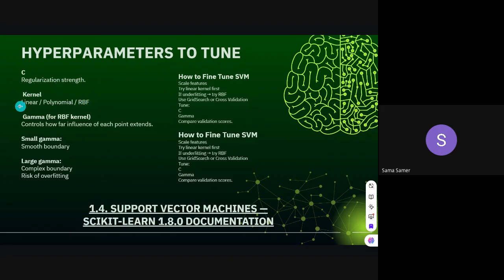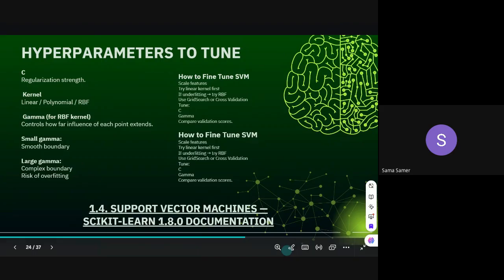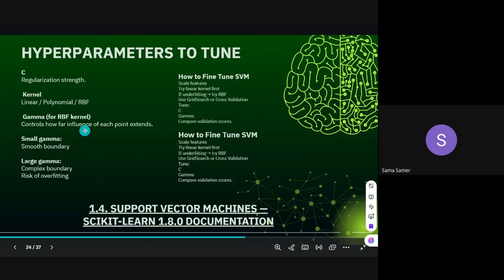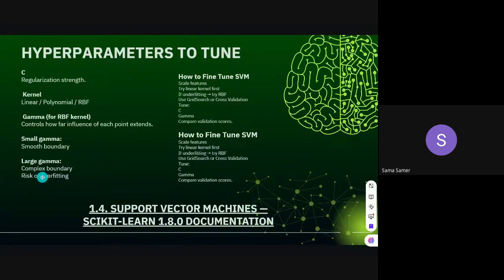We tune the kernels, especially if we have high dimensional data. We tune gamma, which controls how far the influence of a point can extend. A small gamma gives a smooth boundary, a large gamma gives a complex boundary, but a large gamma risks overfitting.